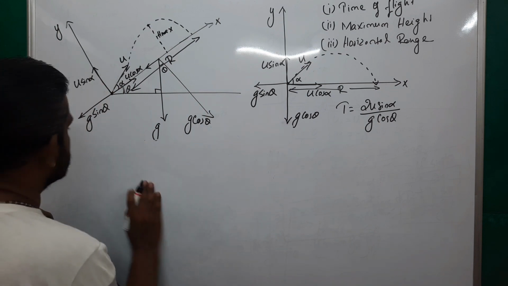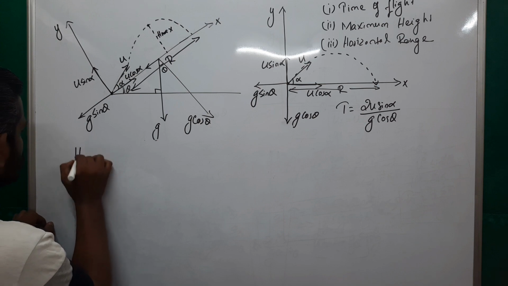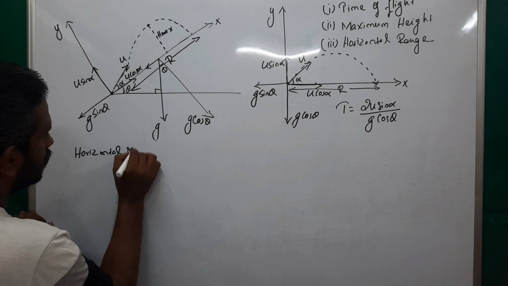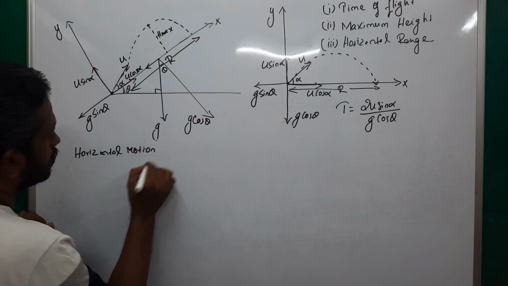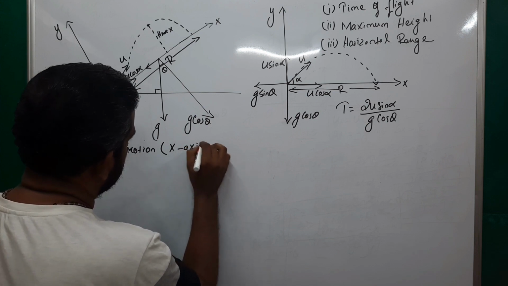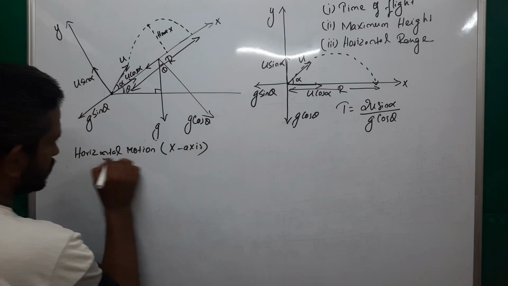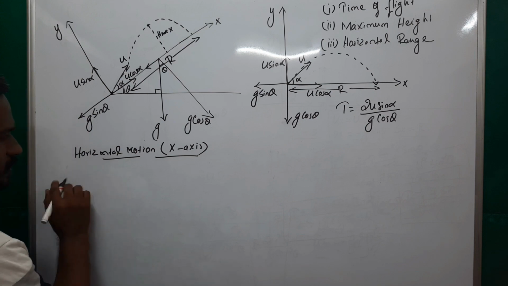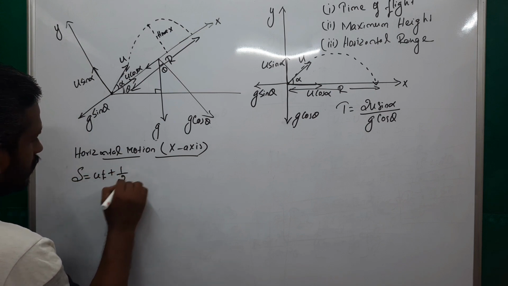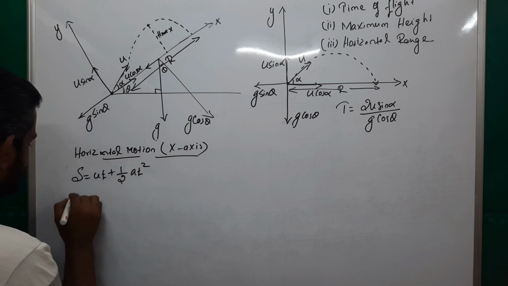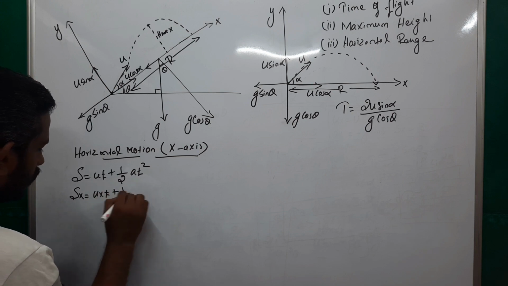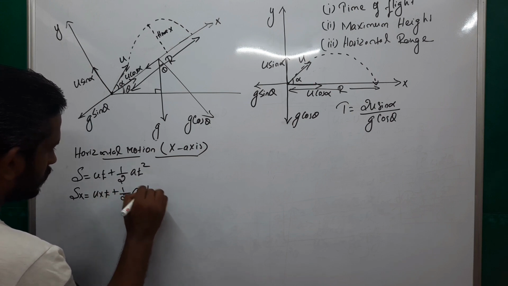So for this I am considering the horizontal motion, that is motion along the x-axis. I am using again the kinematic equation S equal to ut plus half at square. So Sx equal to uxt plus half ax t square.